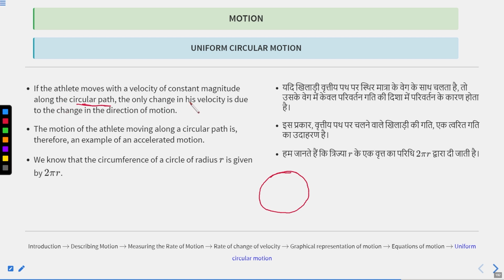The only change in his velocity is due to the change in the direction of motion. So in a circular track, direction is changing continuously.